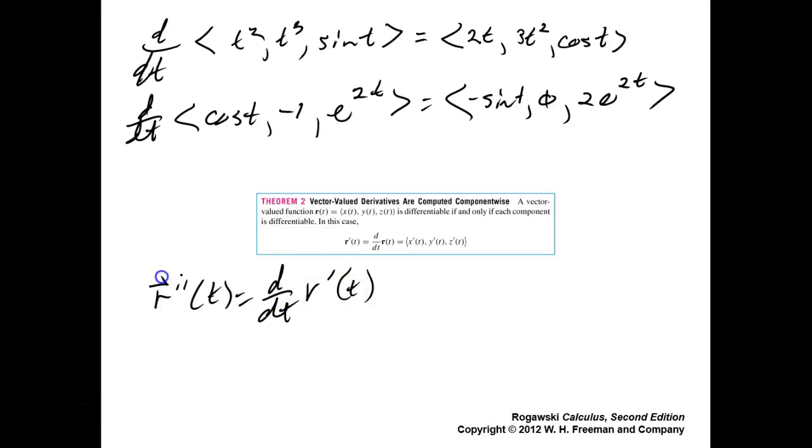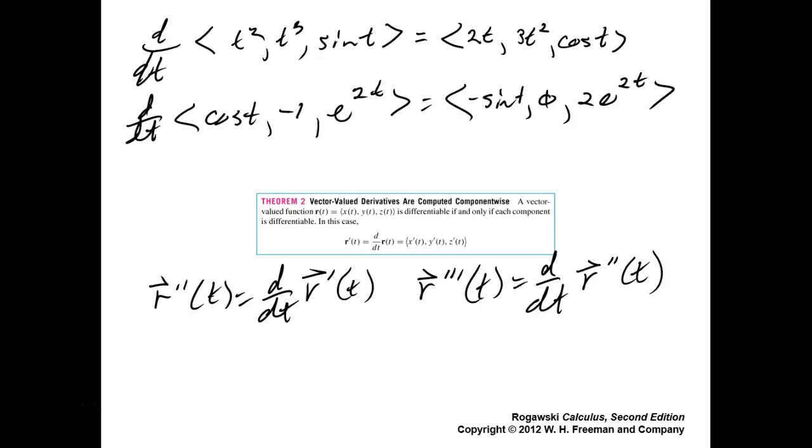These are vectors, by the way. R triple prime of t is d by dt of r double prime of t, each being another vector function.